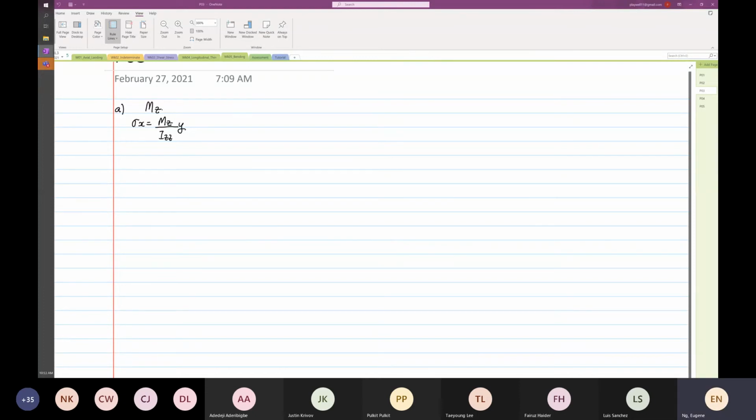We drew a structure like this, and on top we call it alpha, below we call it beta. Just to recap, we calculated stress x at alpha, and we got it as tensile, by 75.